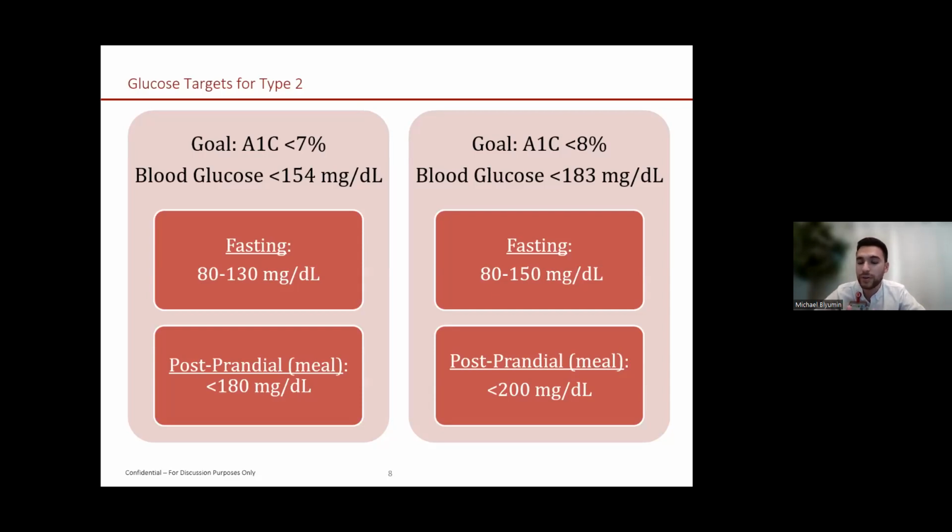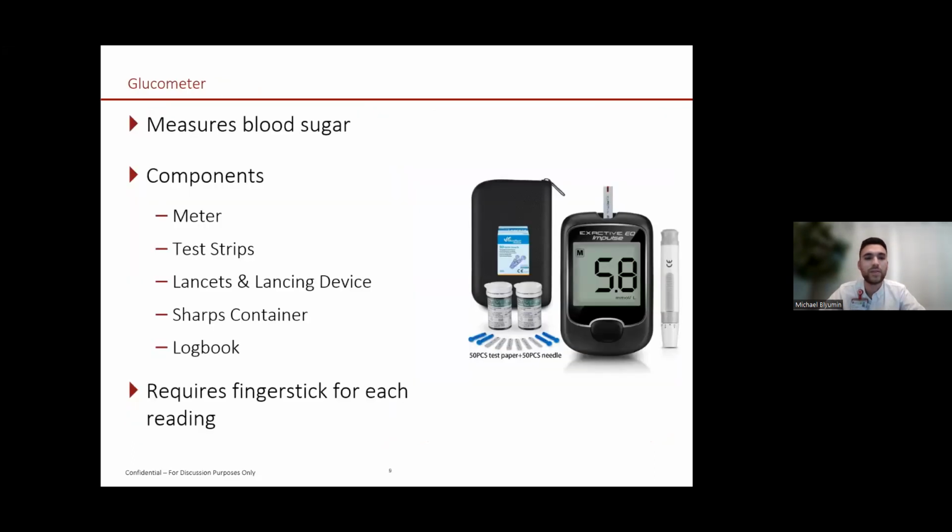That's what we're aiming for. And then after your meal, 1 to 2 hours after you eat, we're aiming for it to be less than 200. And that should come out to an A1C of under 8%. Again, the rise hasn't changed. We don't really want it to go more than 50 points higher from whatever you ate.